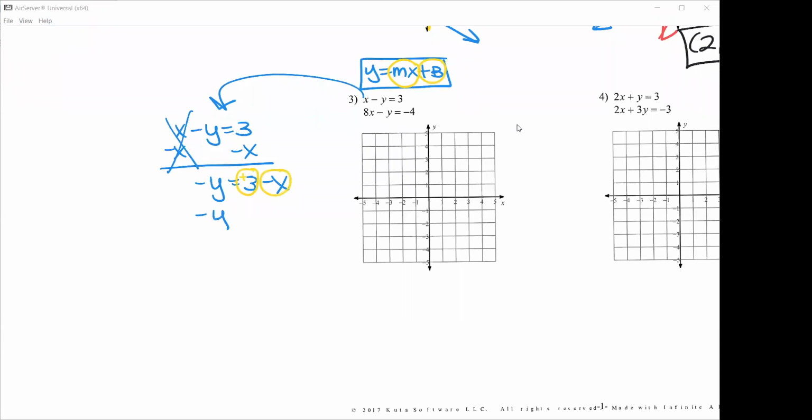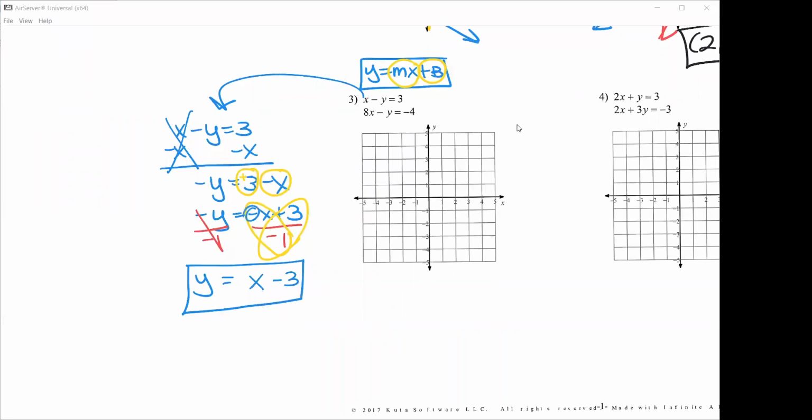So this is going to be -y equals -x plus 3. I'm going to divide both sides by -1. When I do that, this gets divided by -1, and this gets divided by -1. So y is equal to positive x minus 3.